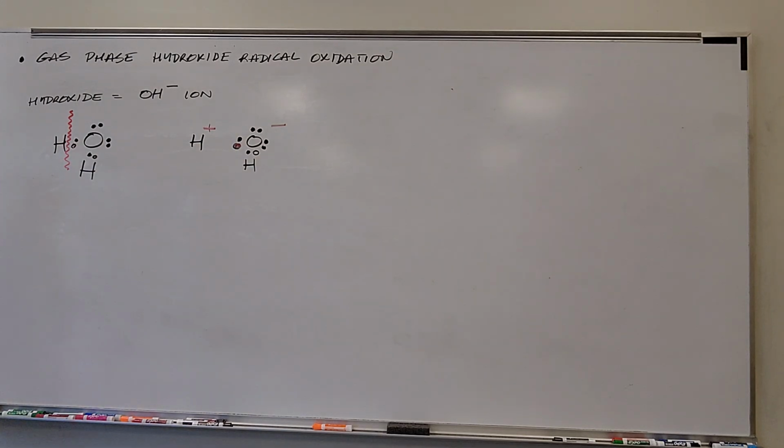This is called heterolysis. Heterolysis, or heterolytic cleavage, is when you break a bond unevenly. When you break it unevenly, one of the atoms gets the electrons and the other atom gets nothing. Now oxygen's on the right-hand side of the periodic table, so it's electronegative.